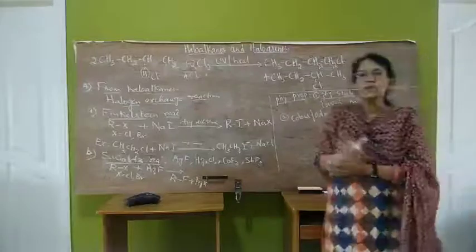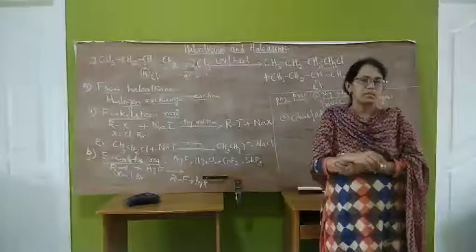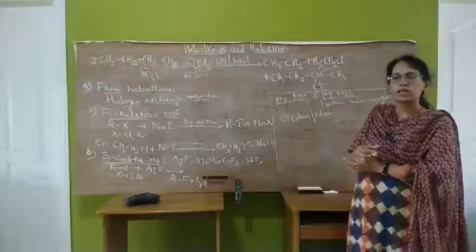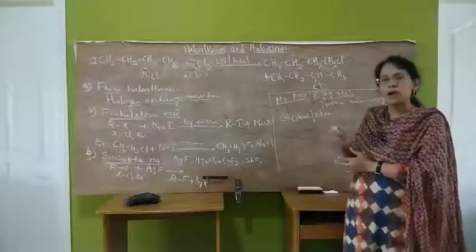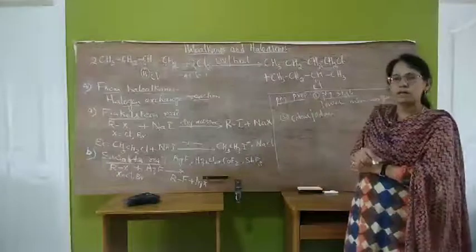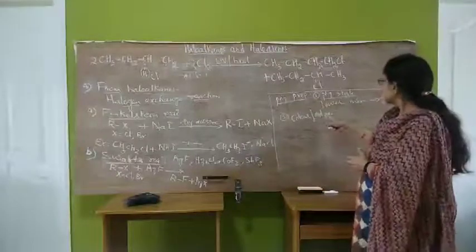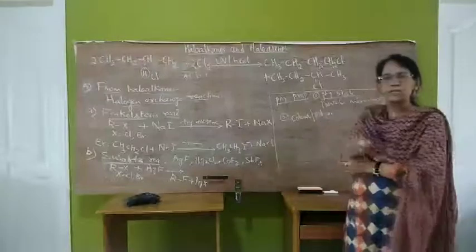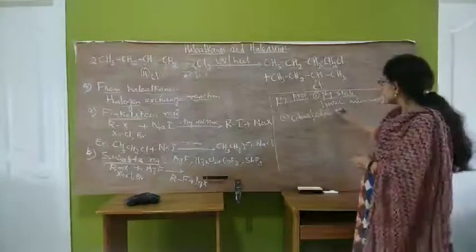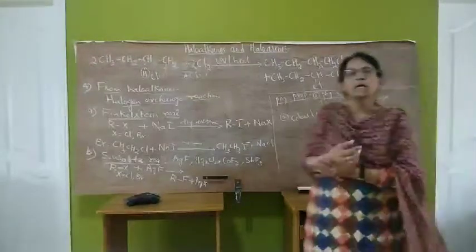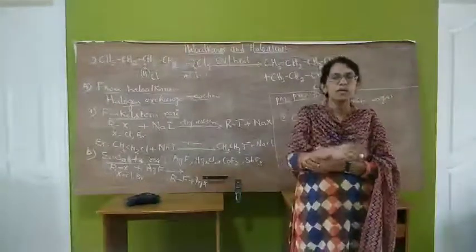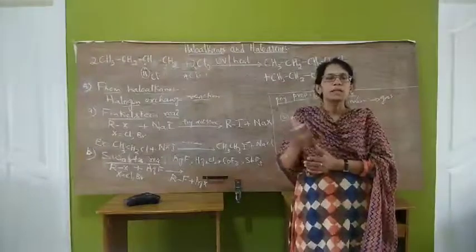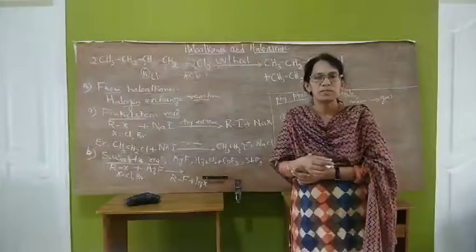In the pure form, they are colorless, but when exposed to air or sunlight, bromides and iodides acquire color. They are odorless actually, but haloarenes are volatile and have a sweet smell.